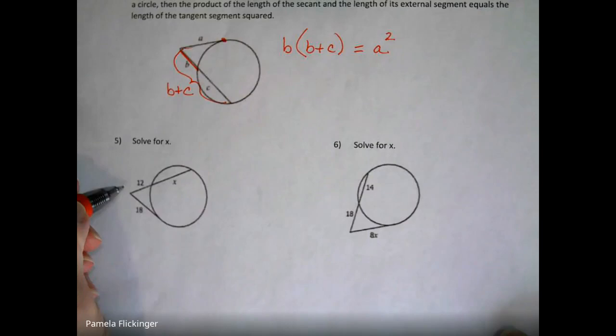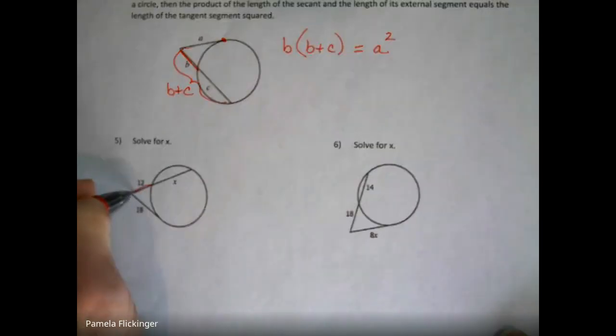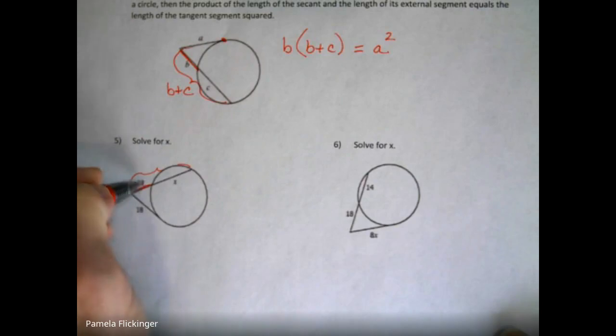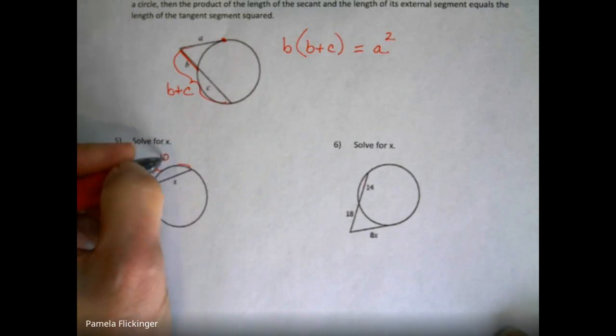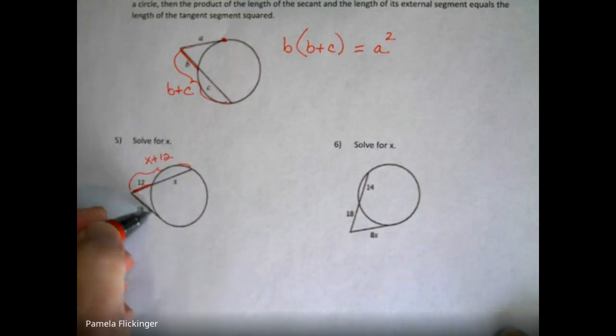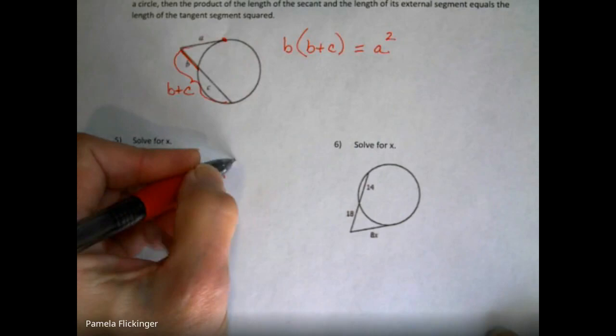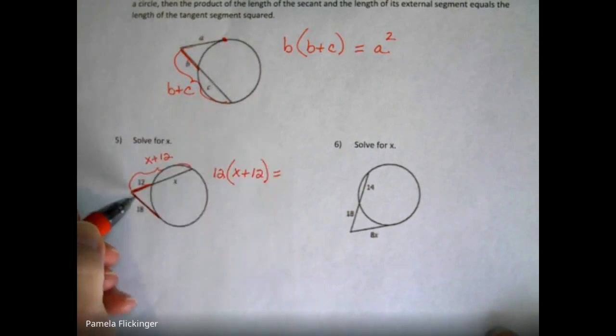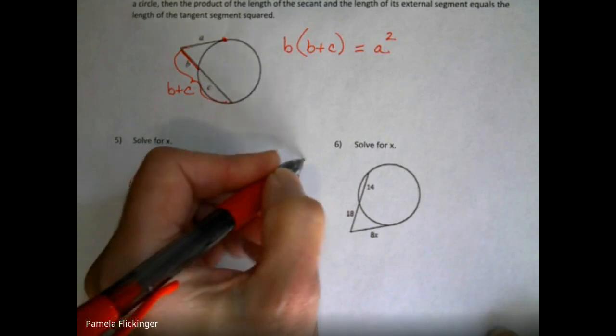All right, so look at number 5. So down here, I've got my secant, the external part is 12, and the whole secant would be represented by 12 plus x, or x plus 12. And then here's my tangent, which is 18. So the rule says I take the external part of 12 times the whole secant, x plus 12, and that will equal the tangent squared.